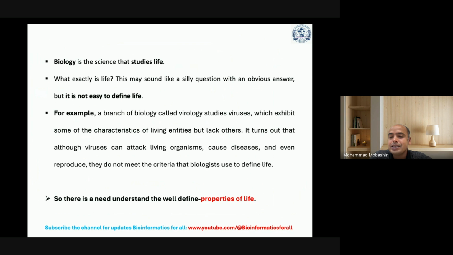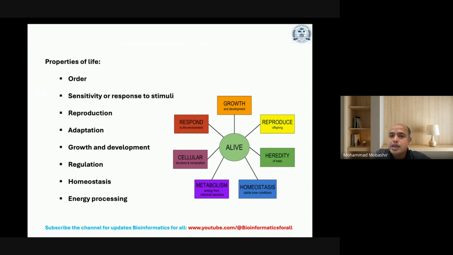So there is a need to understand the well-defined properties of life. In general, there are 7 properties: order, sensitivity, reproduction, adaptation, growth and development, regulation, homeostasis, and energy processing.